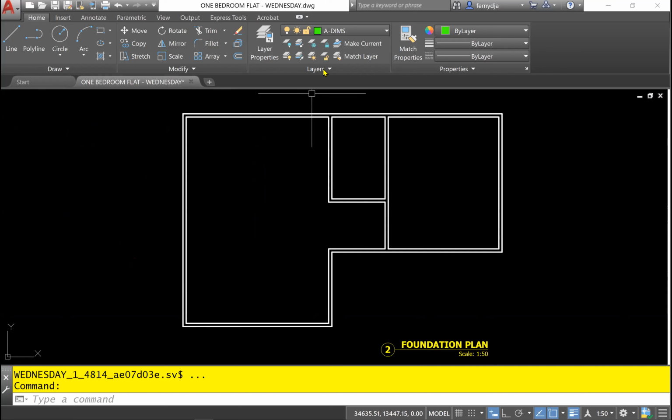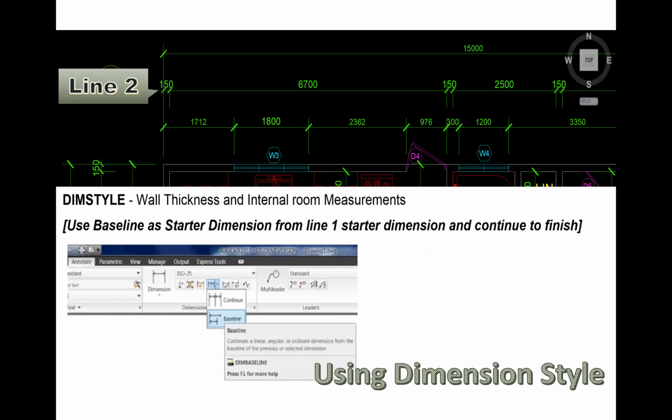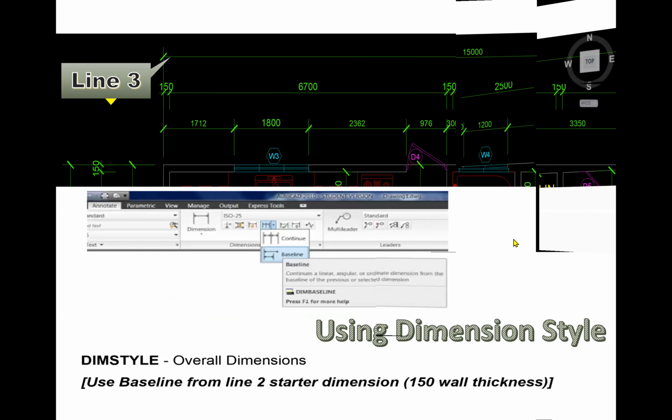So let me jump back over to the presentation, handout, the manual. We're going to look at our foundation plan and give a brief discourse on why we are using that particular foundation for the building. All right, so this was the ending of our dimension from the previous session.